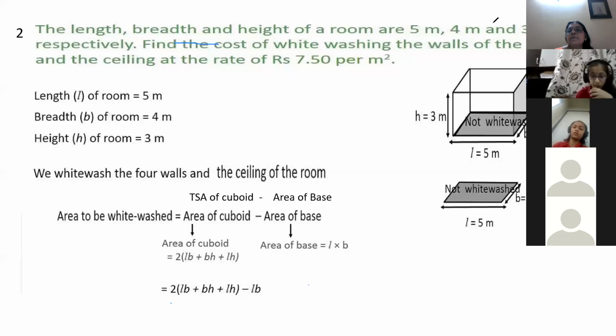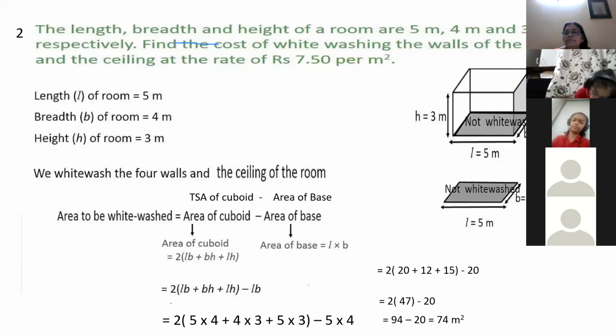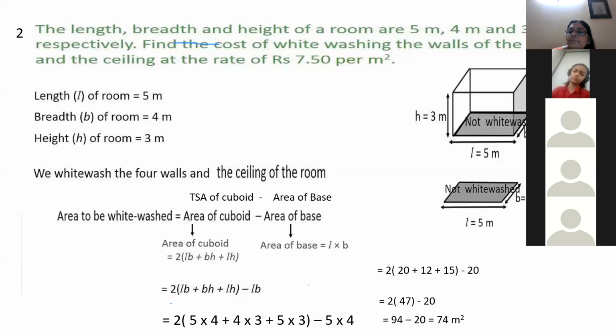Put all the values. 5, 3, 5, 4, 3 minus 5 into 4. I'm doing it at a time, not separately. Okay. What answer you got? It is 74 meter square.